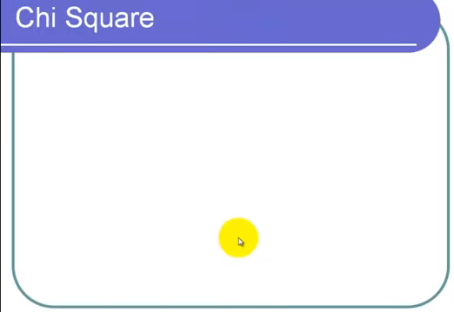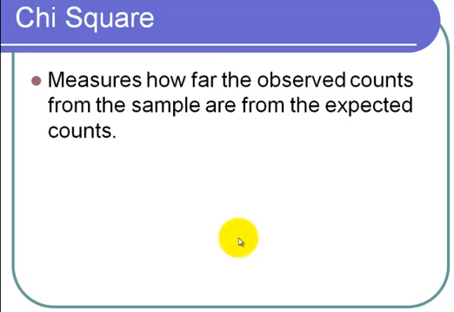So let's move on and talk about how the chi-squared statistic is actually found. What it actually measures is how far the observed counts from the sample are from the expected counts.